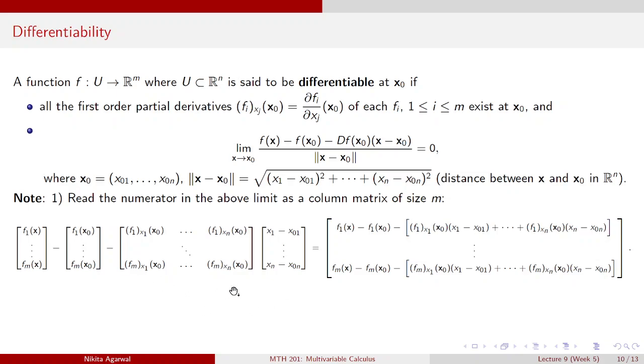So if you multiply these two matrices, you get a column of size... this is m cross n, this is n cross 1, so it will be m cross 1, right? So this is consistent. All three matrices will be m cross 1. And if you multiply these two matrices, you get these terms, right?